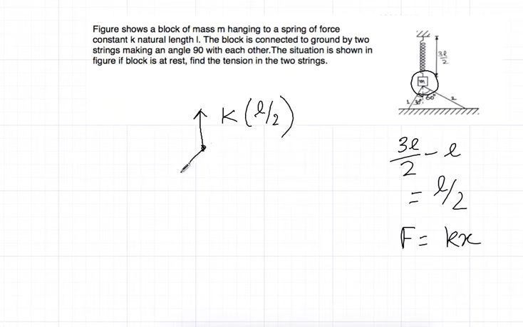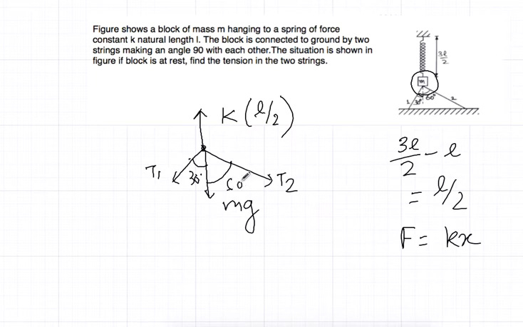Now there is tension T1 and there is tension T2, and on top of that there must be mg. Now this angle is 30 degrees, this angle is 60 degrees. Okay, so let's find out the axes.